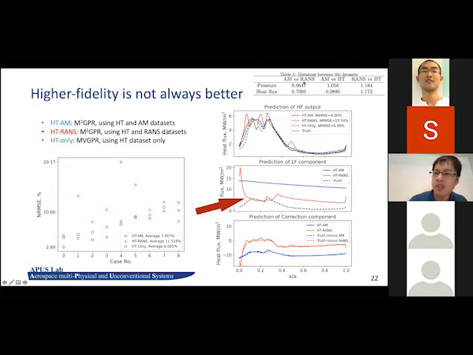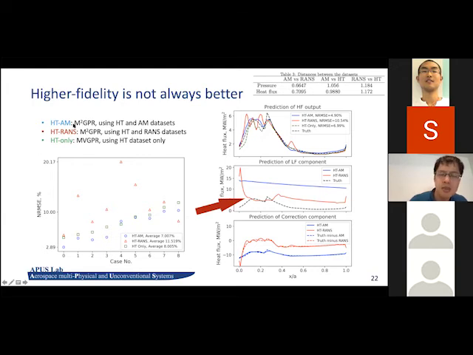If we measure the difference between the different data sets, the RANS data set is a little more distant from the high fidelity data set when compared to the analytical model. And that correlates well to the trend that we are seeing.